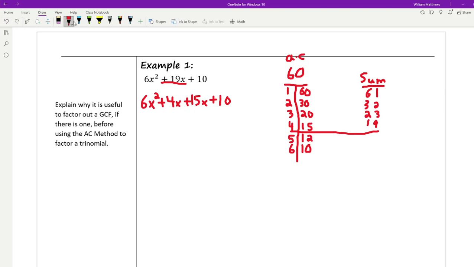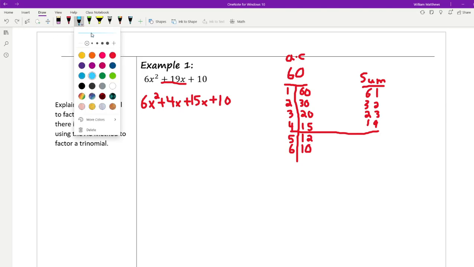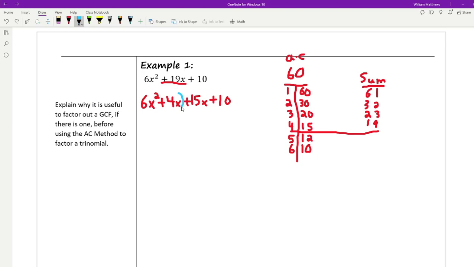In fact, I'll use a different color to make it easier to follow along. But we have this first portion, and we have this second portion.